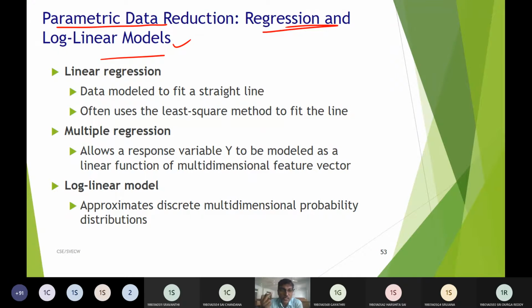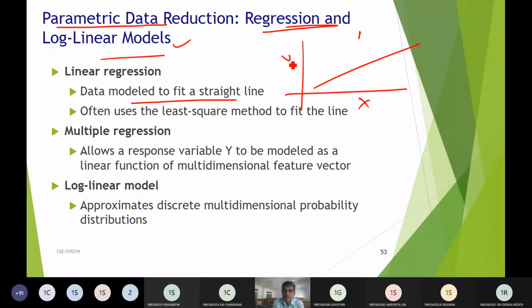When we say it is a linear technique, you can see here the data is modeled with an x-axis and y-axis, and we have this line which moves between the attributes, and we will compute the least square distance to minimize the error.